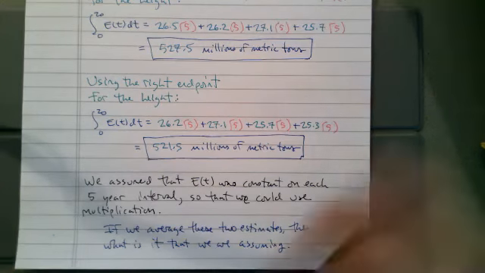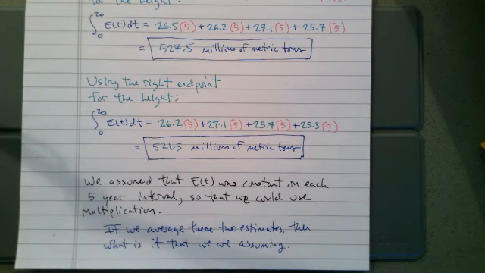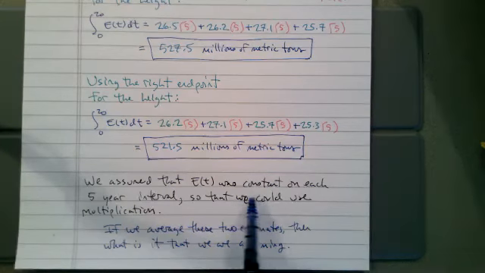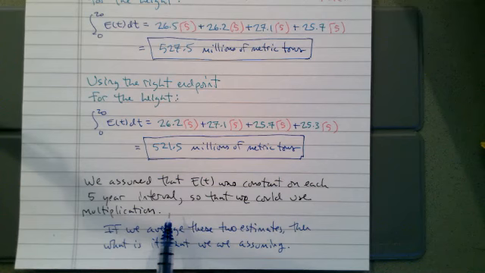No, that wouldn't be every 5 years. That would be the conclusion that we draw. What assumption are we making when we say we'll just average the two? We begin at these two values by assuming that the function was constant on each 5-year interval. What changes if we find the average between the two? Because then we would not be assuming that the function is constant on each 5-year interval. So that's what needs to change, not the conclusion that we would draw.